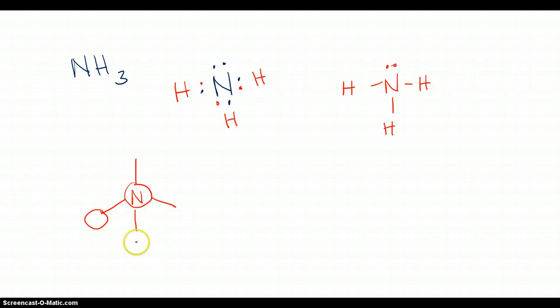I only have atoms attached to the bottom, and these are my hydrogen atoms. So it's still the same tetrahedral shape, but this time I don't have anything attached. I'm just looking at these here, and you'll notice that these sort of make a pyramid shape, and that's why it's called a pyramid.